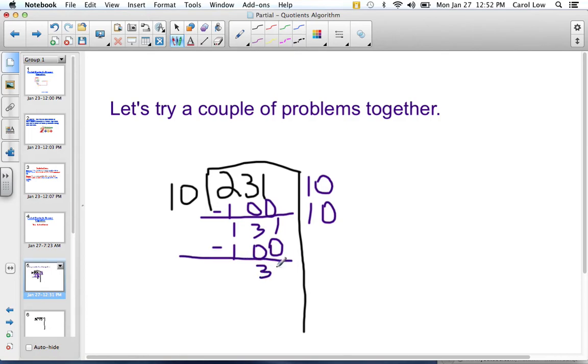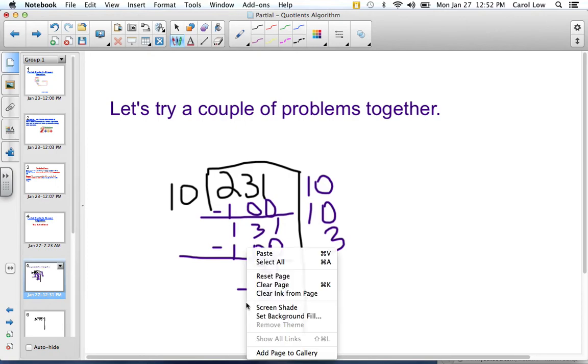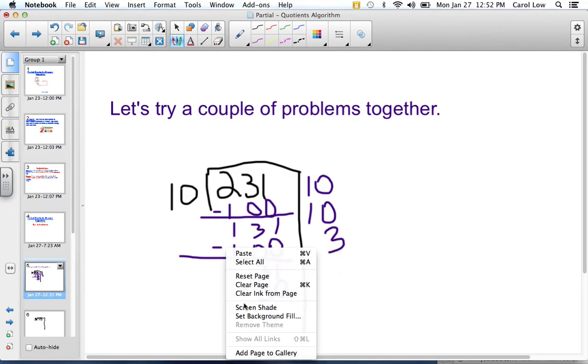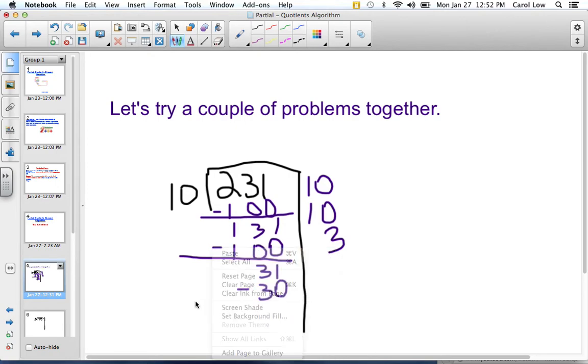Now, I divide again. 10 goes into 31 3 times. And 10 times 3 is 30. And then I subtract. 31 take away 30 is 1.